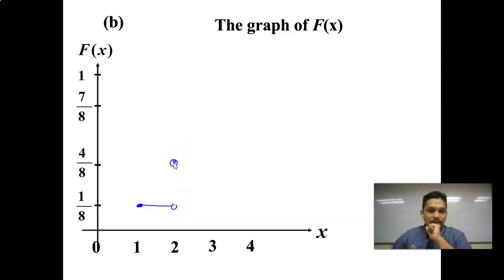Then next is from 2 to 3, and next from 3 to 4, and finally x equal to 4 here. This is how we sketch the graph for a cumulative distribution function.